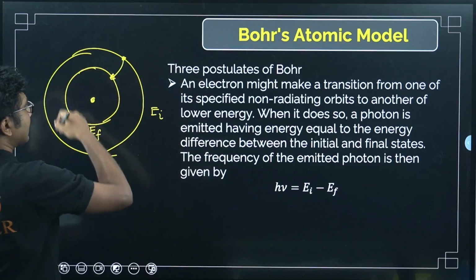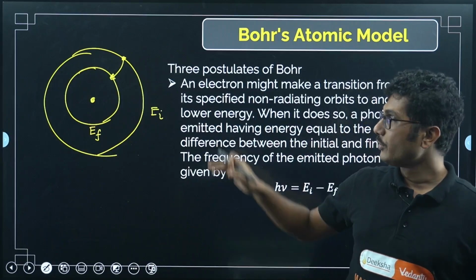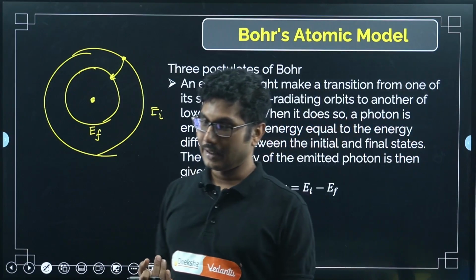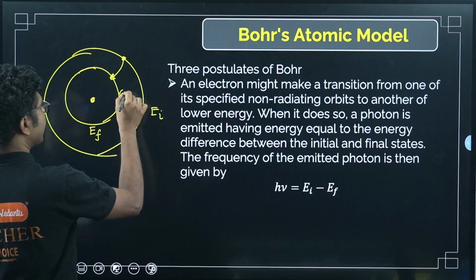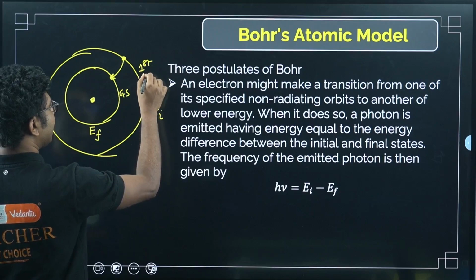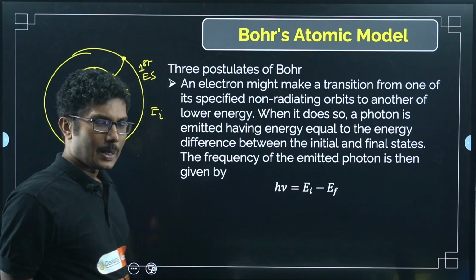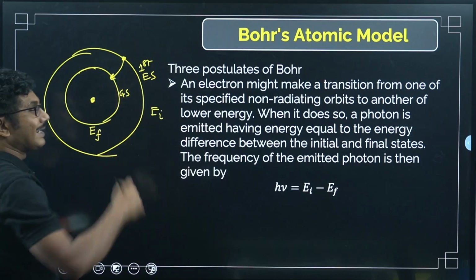This is a lower energy. As you go closer to the nucleus, the energy gets lower. So this is the ground state, and this is, say, the first excited state, or any excited state. From this orbit to this orbit, an electron can jump.